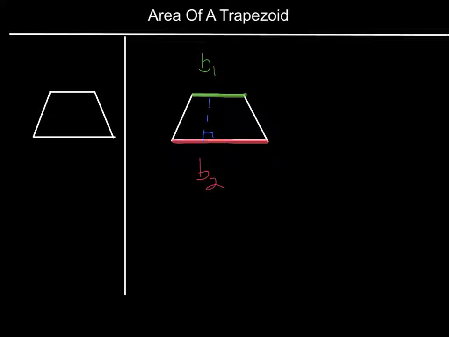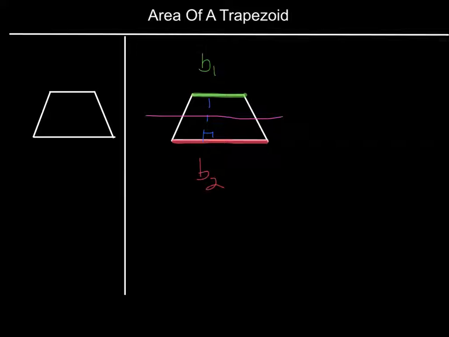So what we're going to do next is cut this trapezoid in half. I cut it right along half of the height, so that I cut the height in half. So I now have two trapezoids.